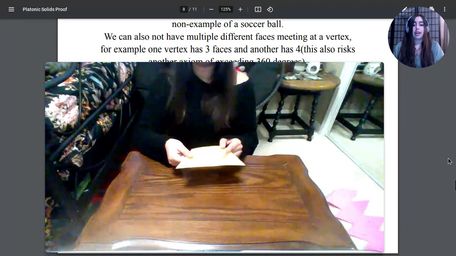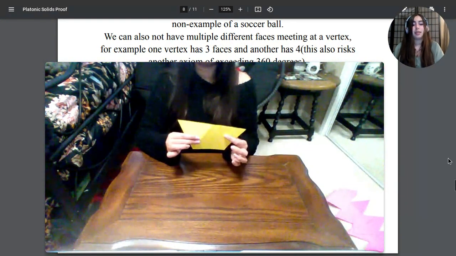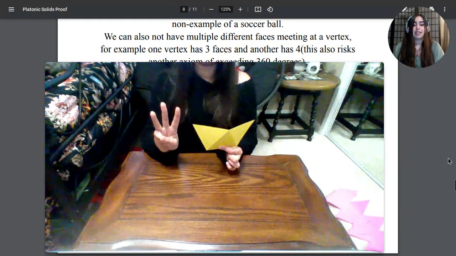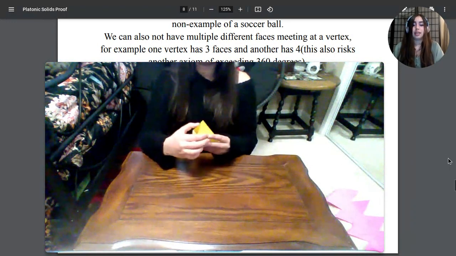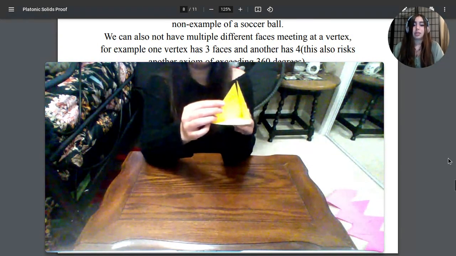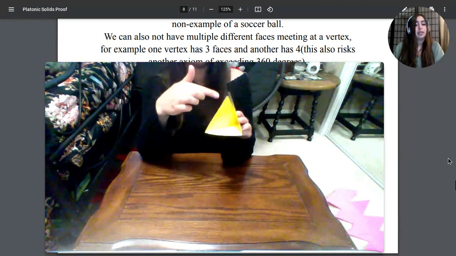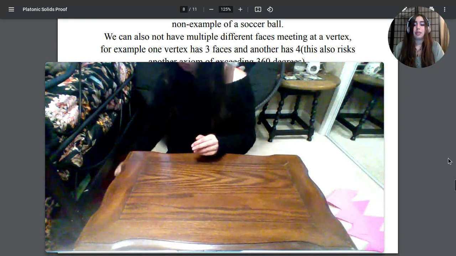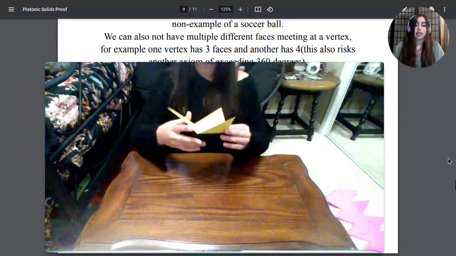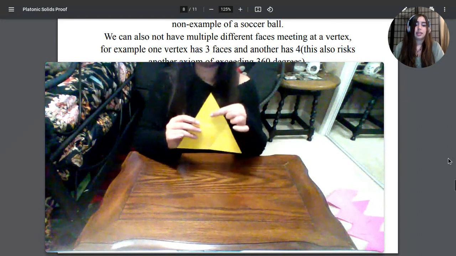And we also have a 3-sided attempt at a Platonic solid. And when we fold it over, you can see that it leaves an empty space that cannot form anything without being bent. But you might notice that this actually forms a Platonic solid if we add another side to it.